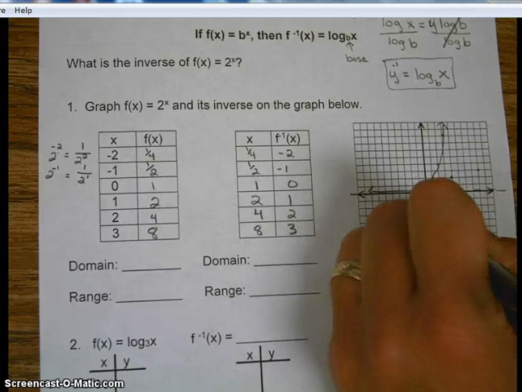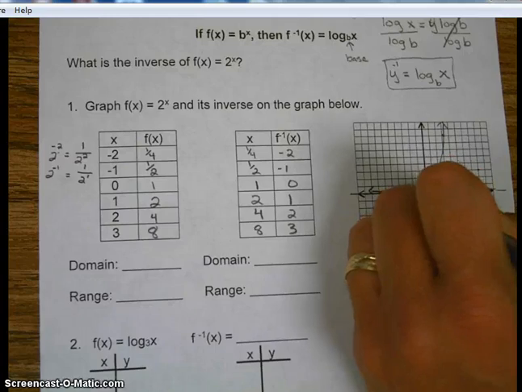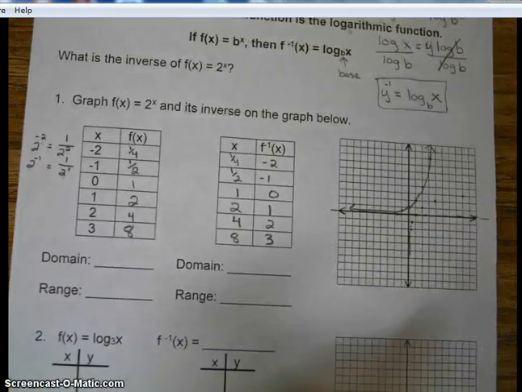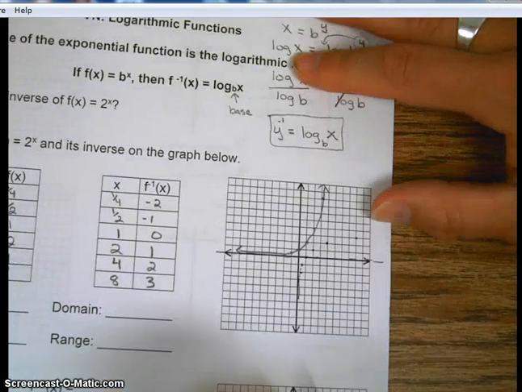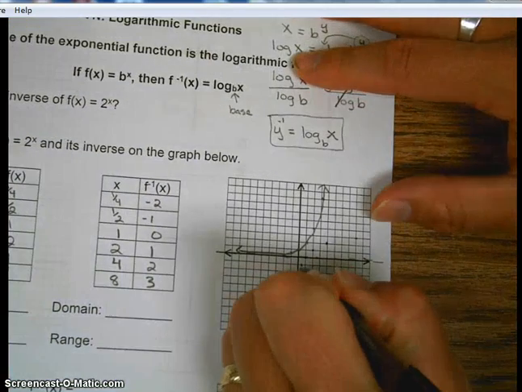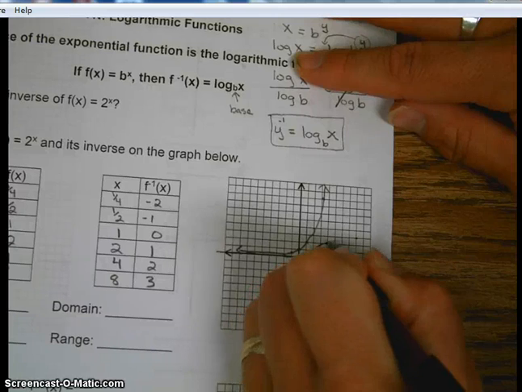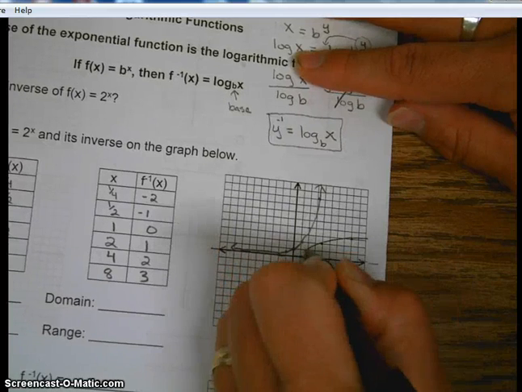Alright, here is, if I can be real careful, our inverse function. It's going to go through these points, just like that.